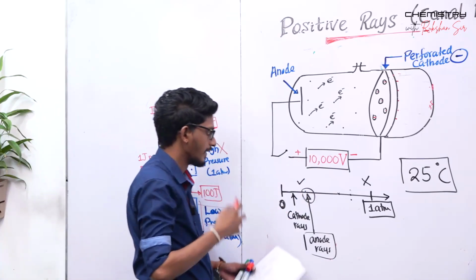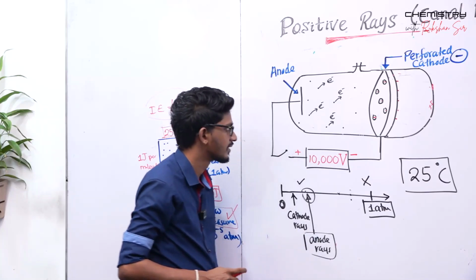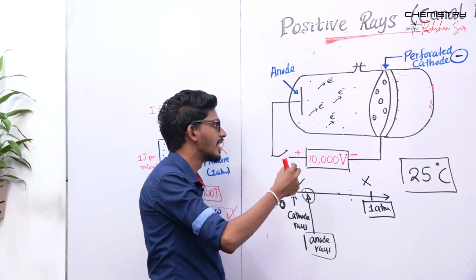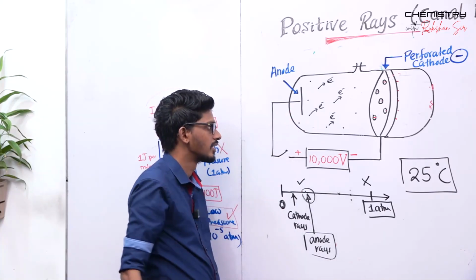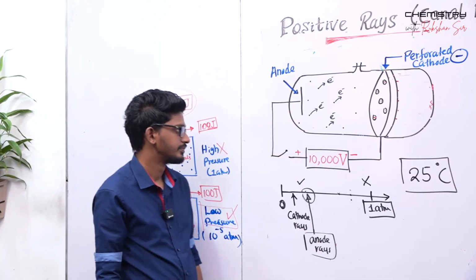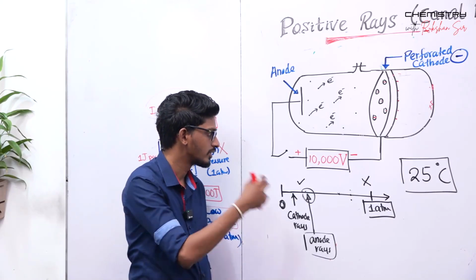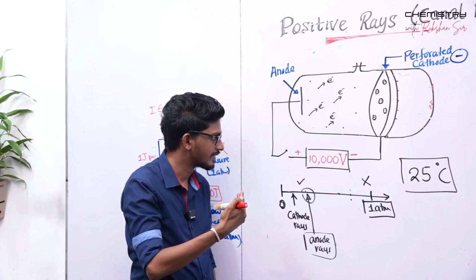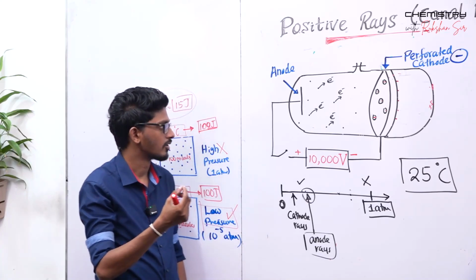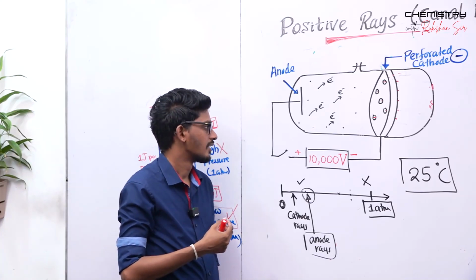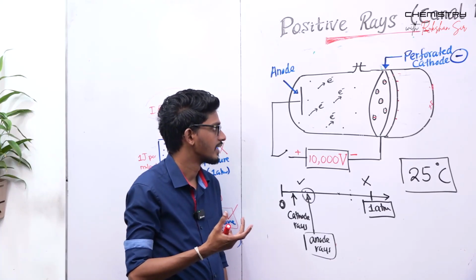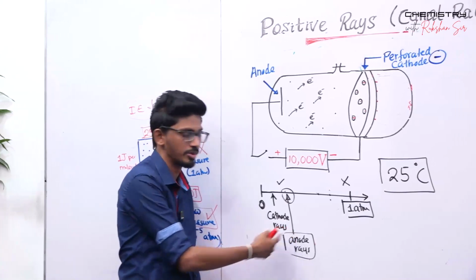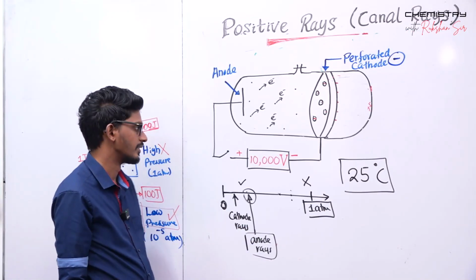Even without applying the voltage, you will observe a very small amount of ionized gas particles in an anode ray tube, as you are dealing with a very low pressure. Right, that is the idea.